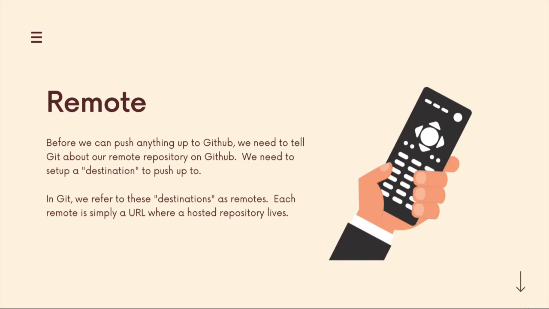A remote is really just a fancy name for a destination URL. It's a URL that we tell Git about, and we give it a name. It's just like a label for a URL that we can then push code up to or fetch or pull down new code from. So we'll learn about those commands once we set up a remote.